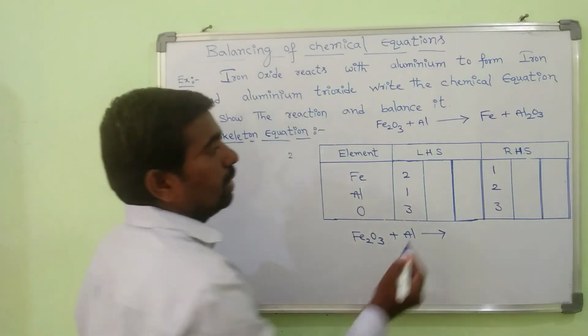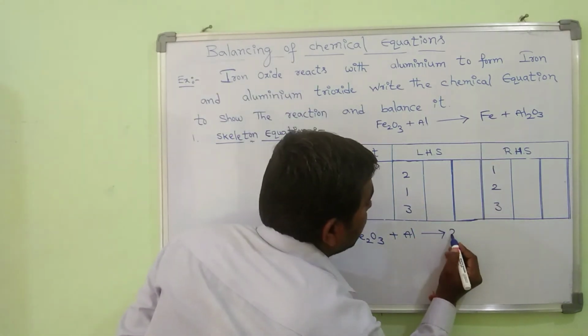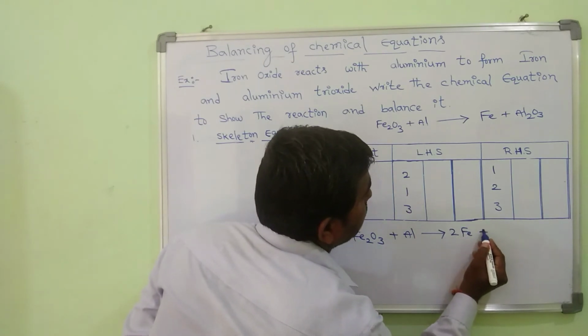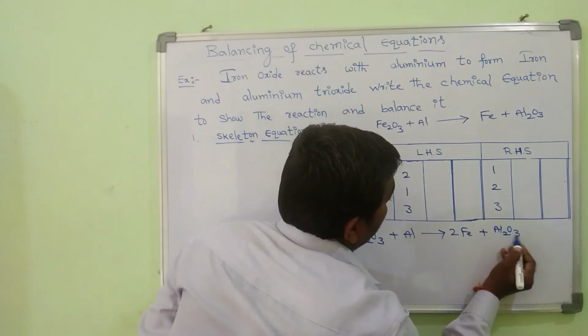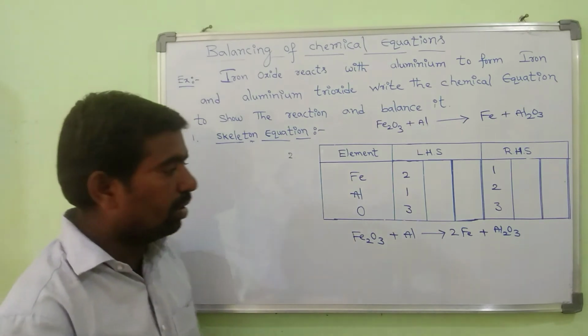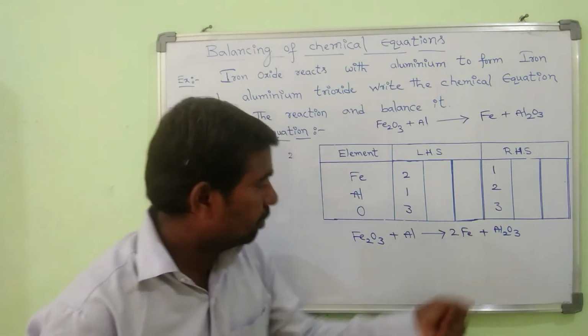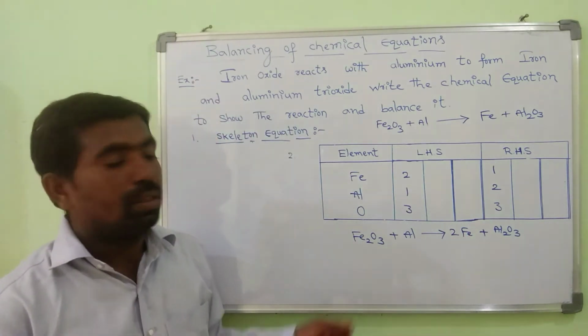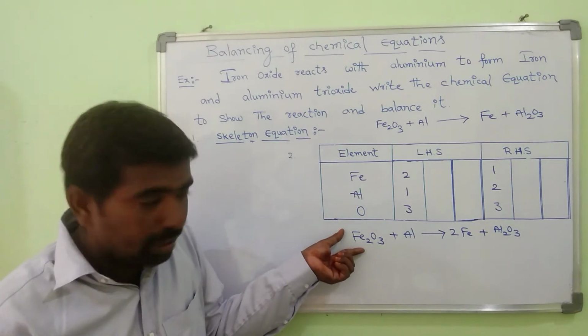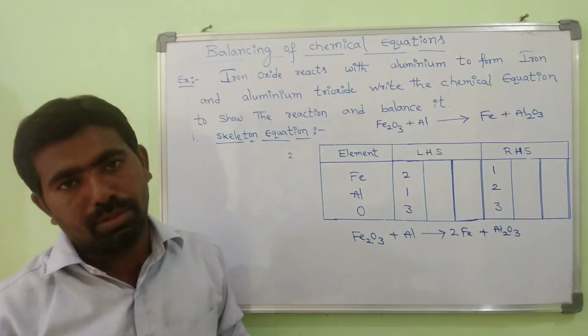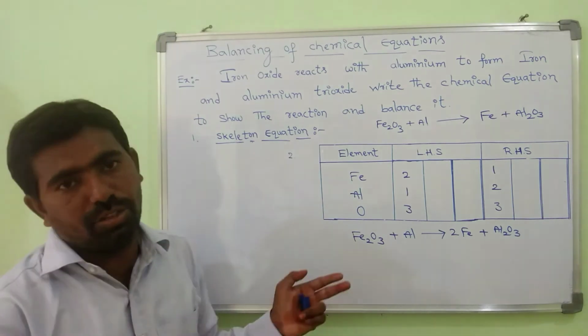For example, now I am putting 2 before the Fe for balancing the iron atoms. Observe here, 2 into 1, 2, Fe2. So the left side has 2 iron atoms, the right side also 2 iron atoms. Now the iron atoms are balanced.